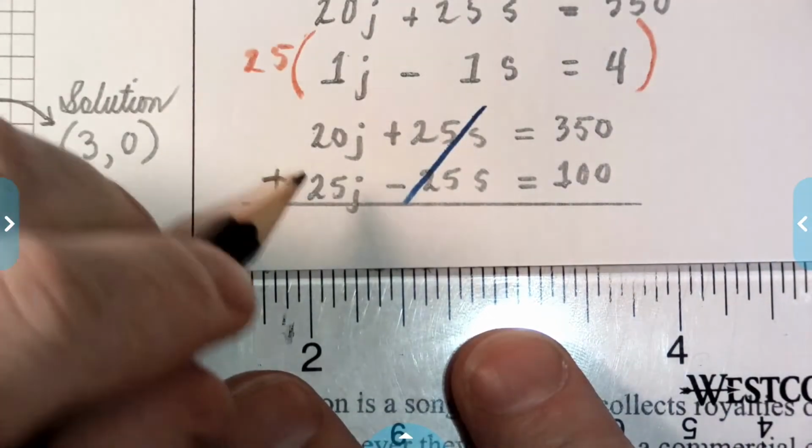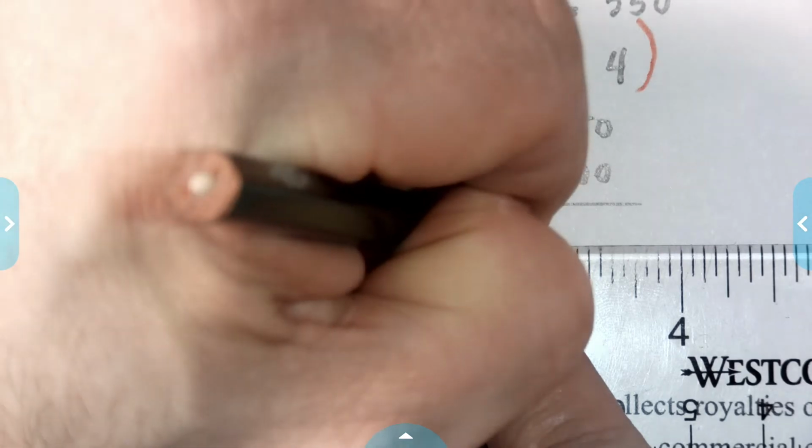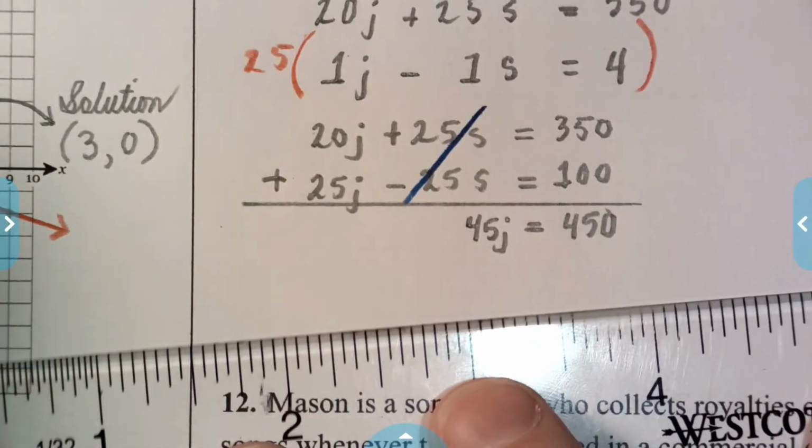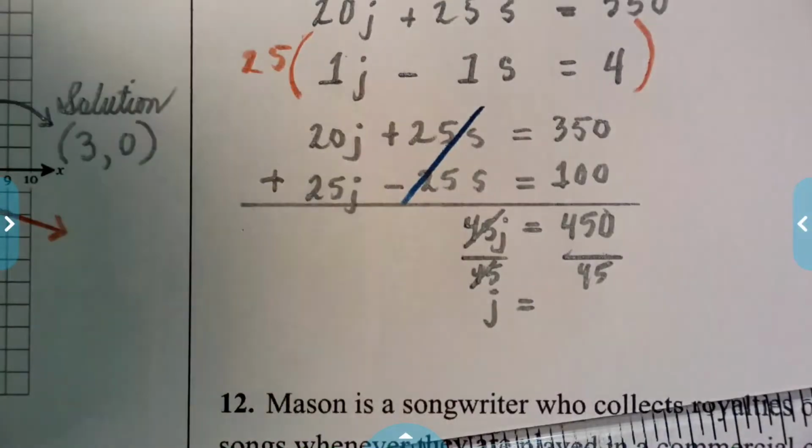And I see that I've got 45j equals 450. Dividing by 45, I get j equals 10.